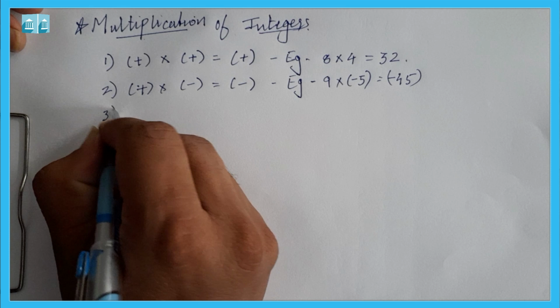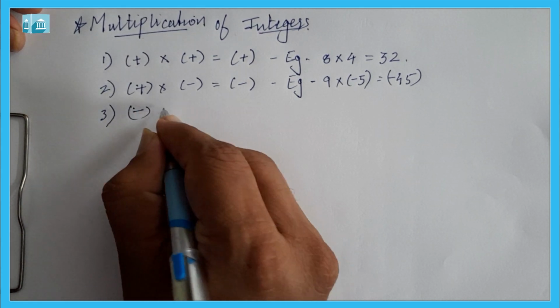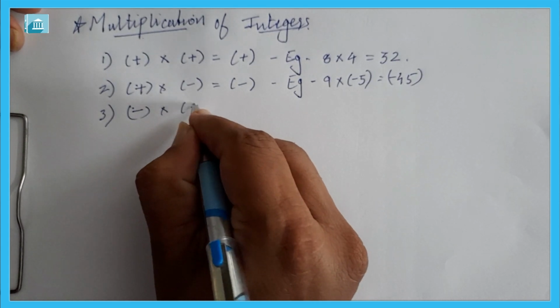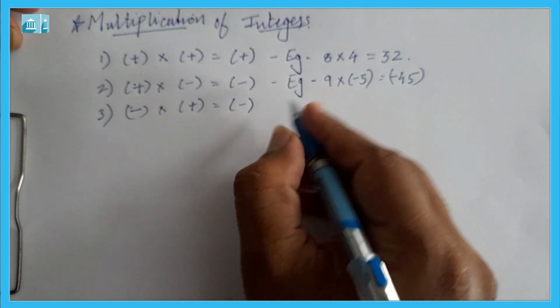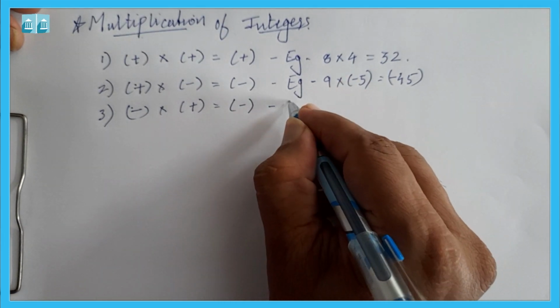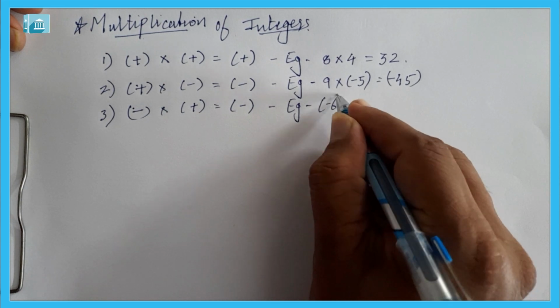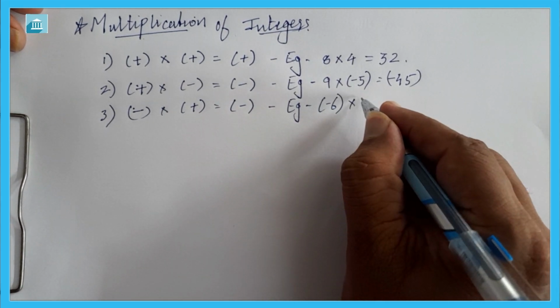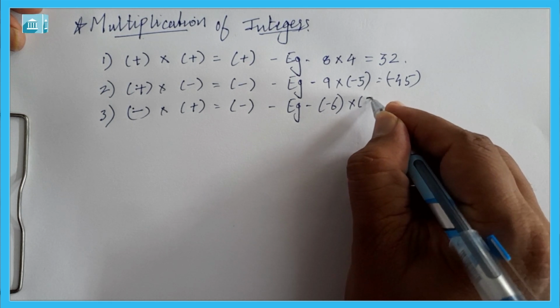In the same way, the third. If a negative integer is multiplied by a positive integer, the result is again negative. For example, minus 6 multiplied by 7.